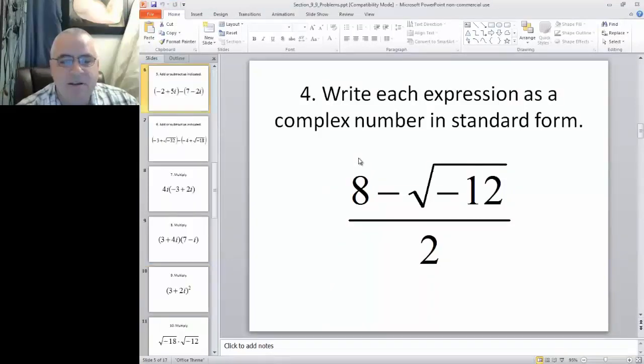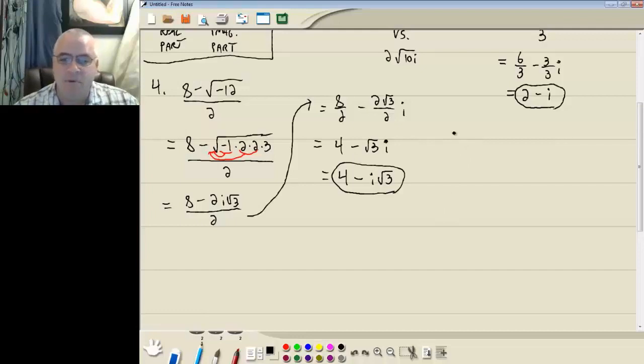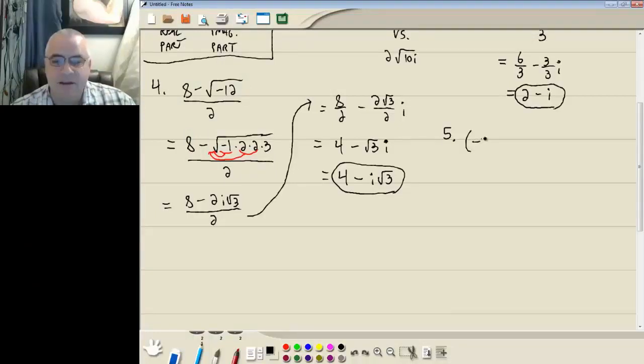Now these next ones revolve around a simple idea, and that is when working with complex numbers, we treat them just like they were variables. We're going to see there's some exceptions to that once we do these first ones.